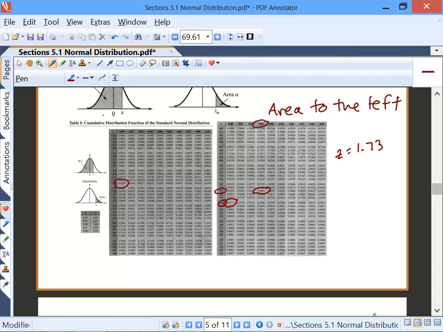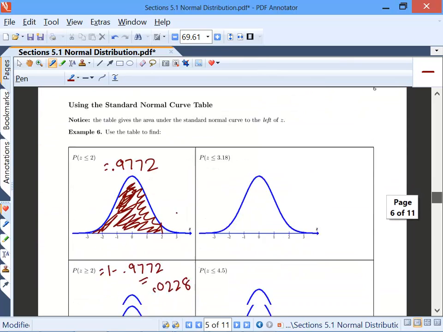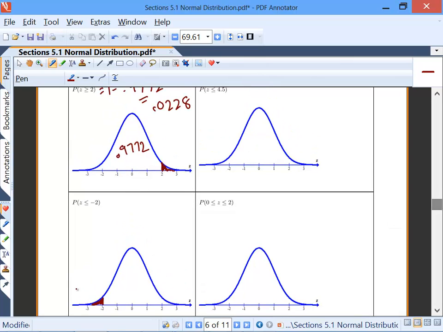I can see it on my paper copy easier. 0.0228. So it's 0.0228. So what do you notice about this one and the previous problem? Okay. Well, the area to the right of +2 is the same thing as the area to the left of -2. Because it's symmetric, the area in the tails will always be the same.